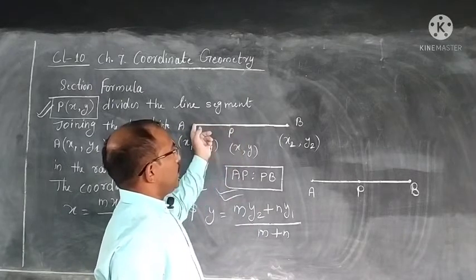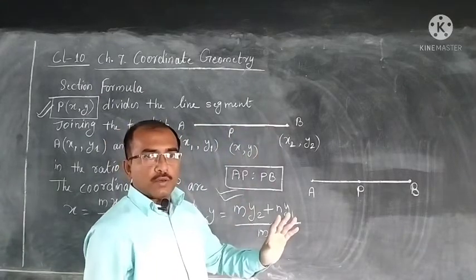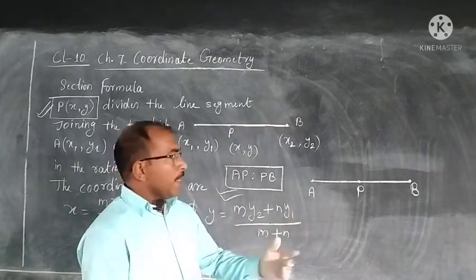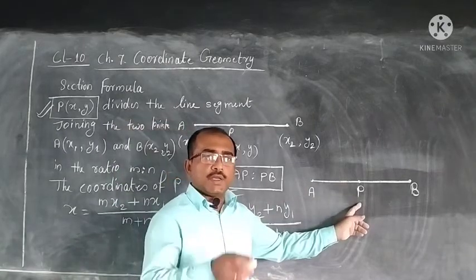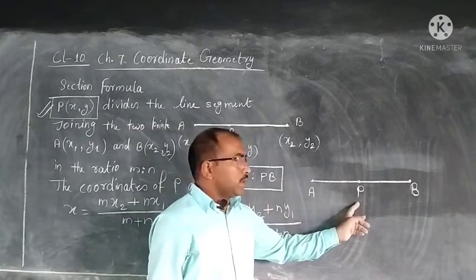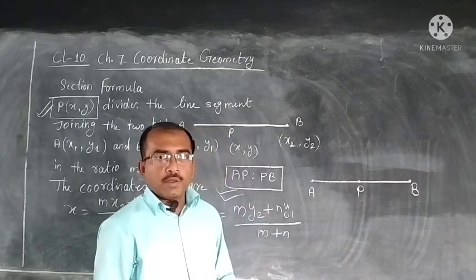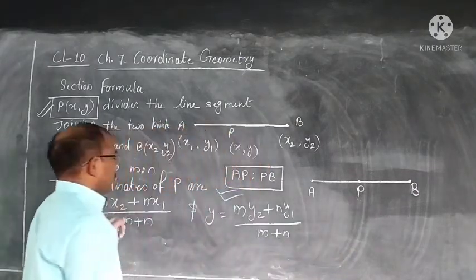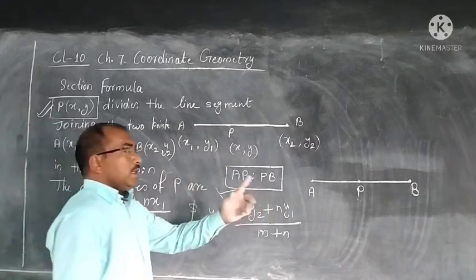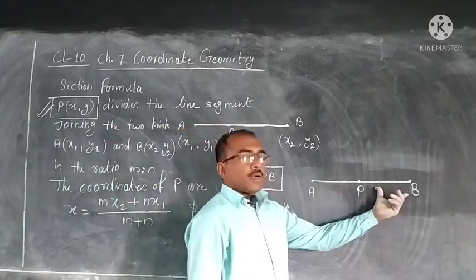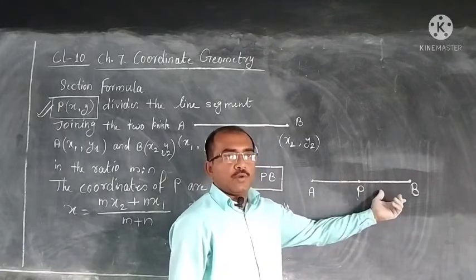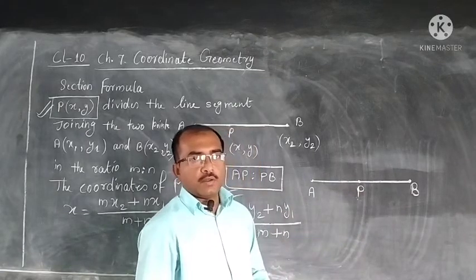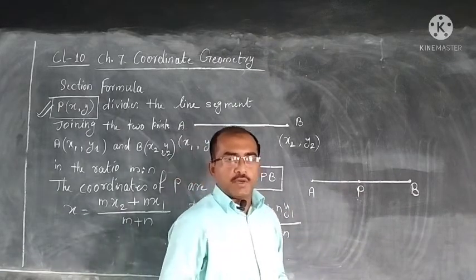Here AP and PB are not equal, maybe into any part, but if we mention that P is the midpoint of the line segment joining the line AB, then the coordinates of P, what we are calculating by this section formula, in that case both parts will be equal. So, m ratio n will be 1 ratio 1, each part will be equal.